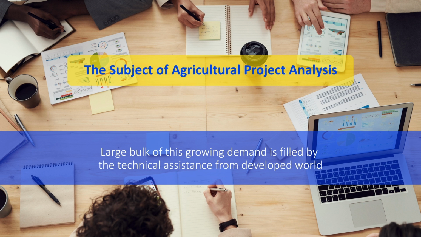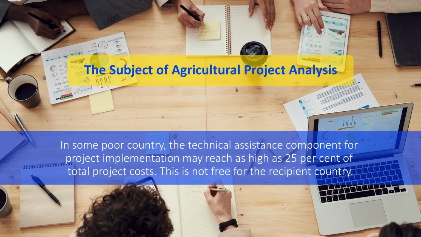So developed countries provide technical assistance in the preparation of projects if there is a requirement. We take help from the technical persons available in the developed countries. And in some poor countries, they sometimes take technical assistance for implementation of the project from donor organizations, and they request them to provide technical persons.